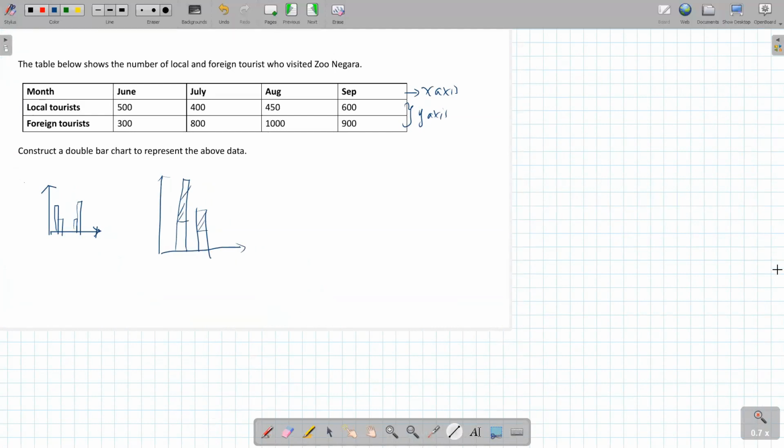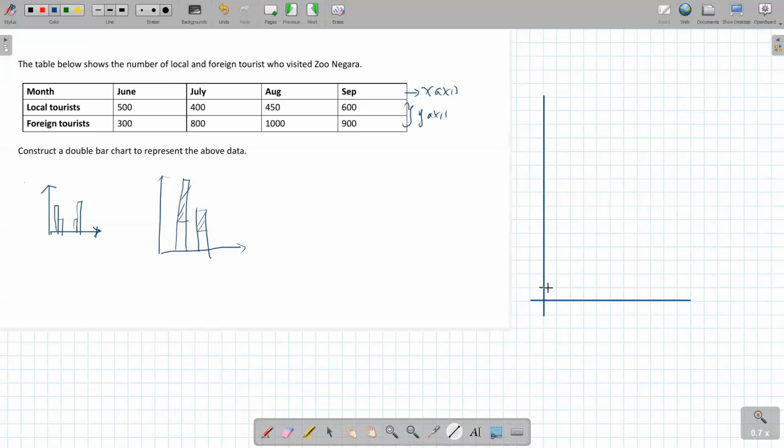First thing, same as other bar charts, we start by drawing the axes first.